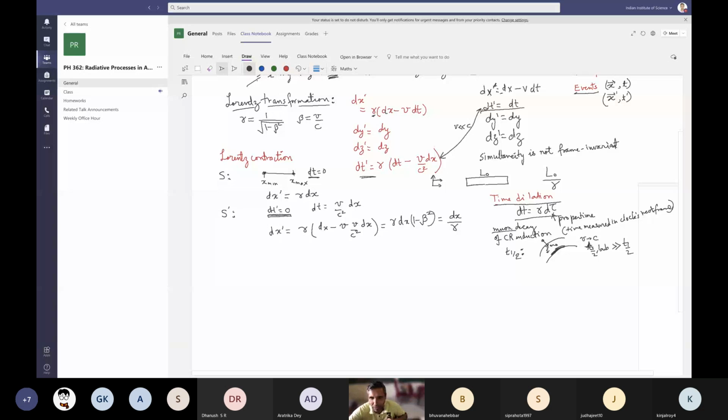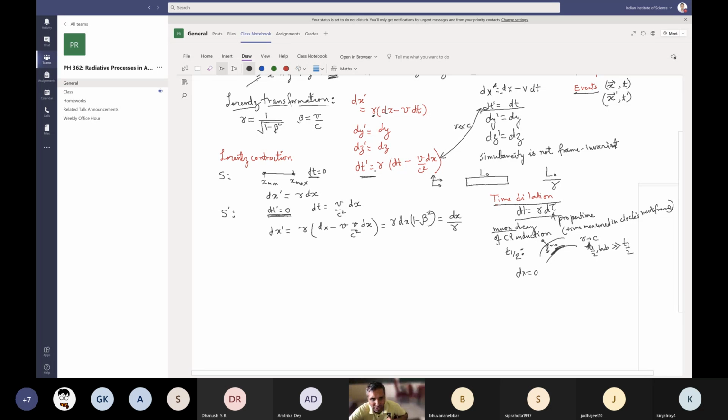Okay, let's see how we understand time dilation according to Lorentz transformations. Proper time means dx is equal to 0. You are measuring time at the same location.